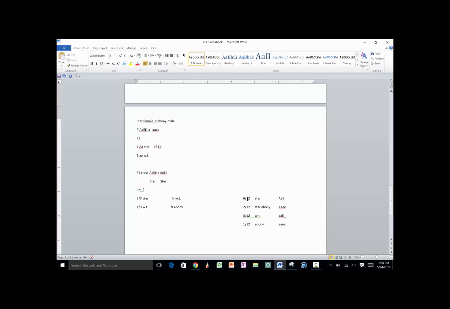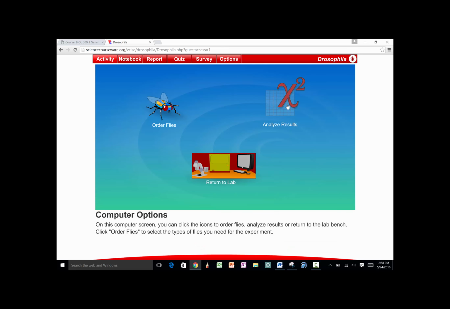All we did so far is look at the predicted ratios based on what each gene is going to do by itself, and then multiply them together. That depends on independent assortment. It's certainly possible that these genes could be linked. Basically what we just showed is our hypothesis: one gene shows a 2-to-1 ratio characteristic of a lethal allele, the other shows a 3/4 ratio characteristic of a normal monohybrid cross, and we multiply them together.